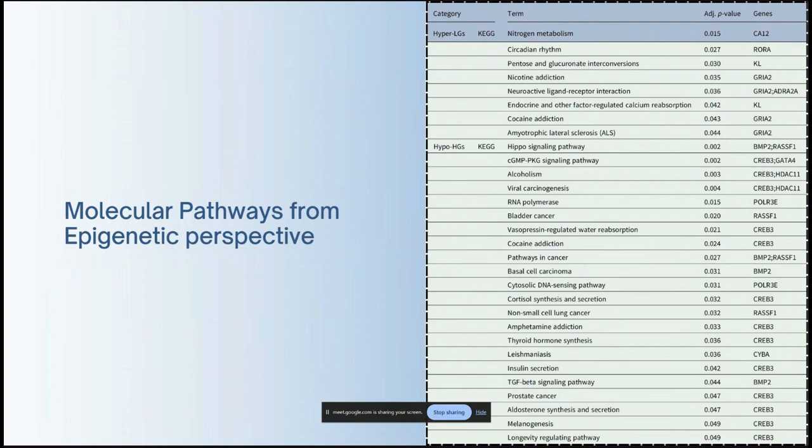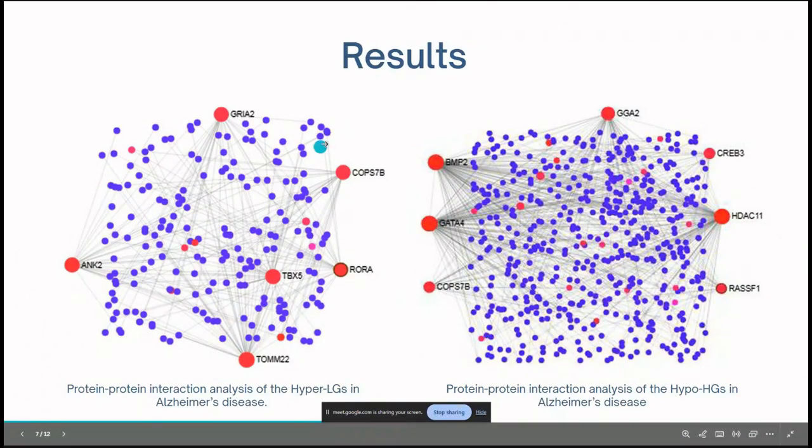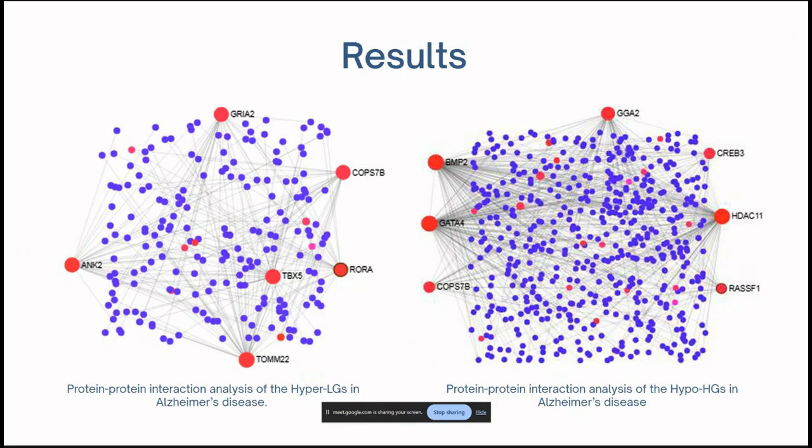After that, hub genes and network connectivity identification was conducted. By constructing a protein-protein interaction network, the authors identified several hub genes, genes that interact with many others and could be central to disease mechanism. Among hypermethylated low-expressed genes, as you can see, TOMM22, TBX5, ANK2, GRIA2, these genes are mentioned.